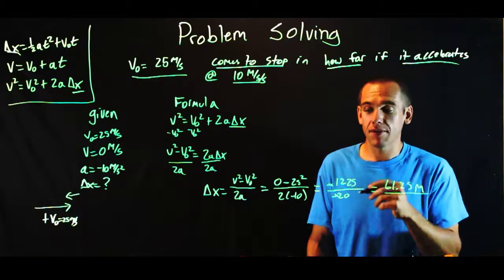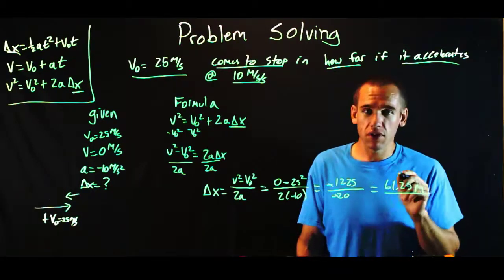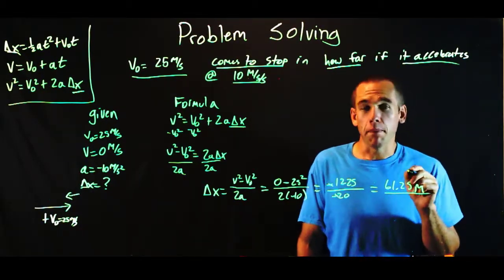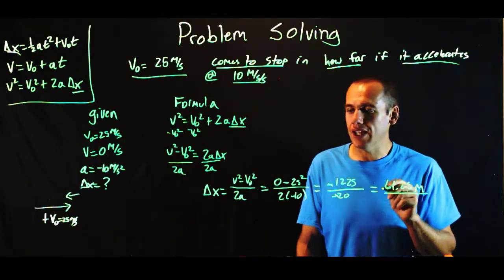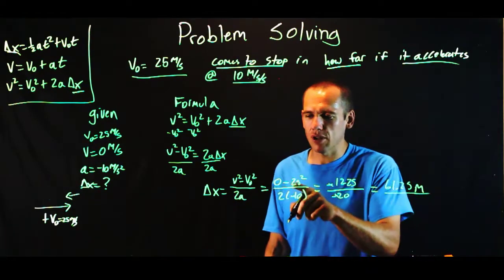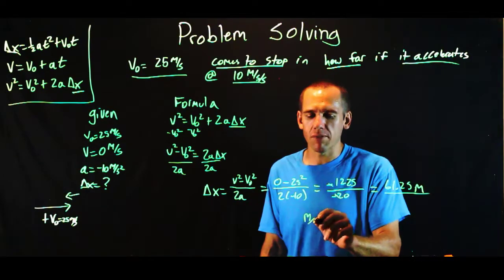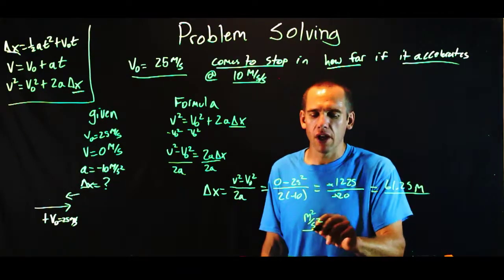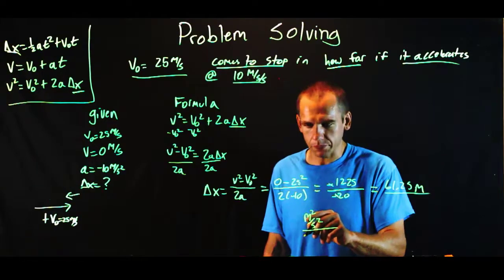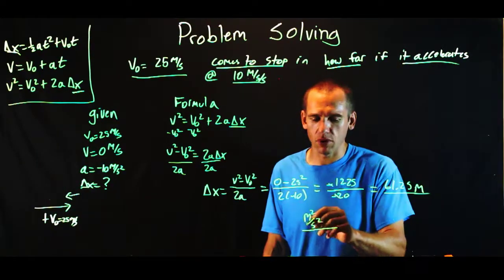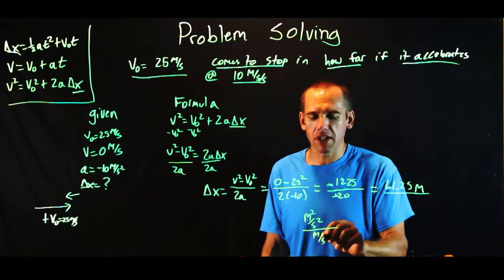Now, I did not carry my units through. That's generally speaking a bad idea, although you can get there. So let's double check our units. So this is 25 meters per second, but we squared it. So I have meters squared per second squared divided by twice an acceleration. Well, an acceleration is a meter per second squared.